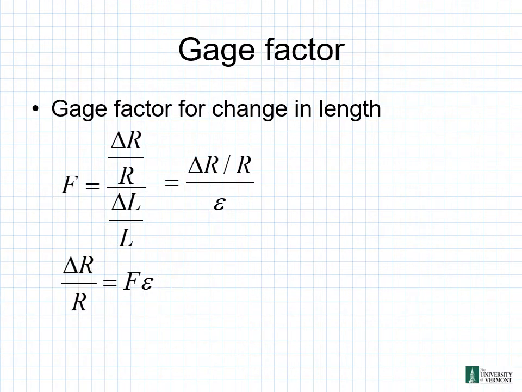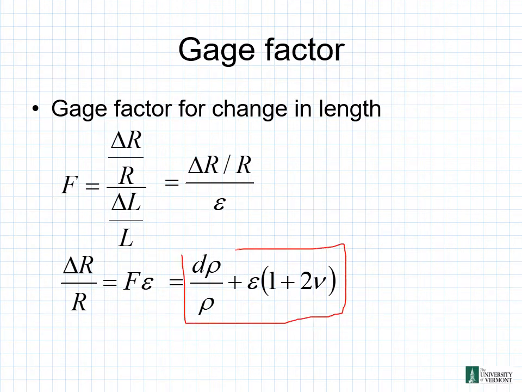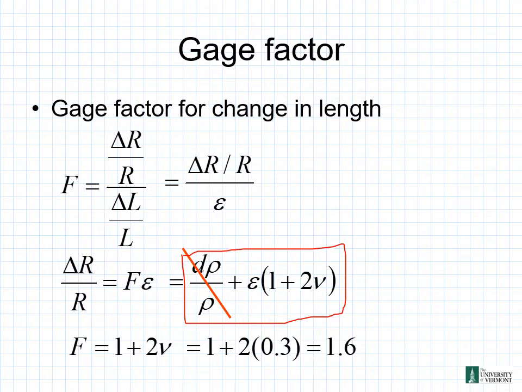And now if we rearrange this and solve for delta R over R, we have that delta R over R is equal to F times our epsilon, where we'd solve for our delta R over R, or dR over R, on our previous slide. So we can plug in that relationship right here now for our delta R over R. We're left with this here. We can reduce that down. When we do that, we end up with F is equal to 1 plus 2v.